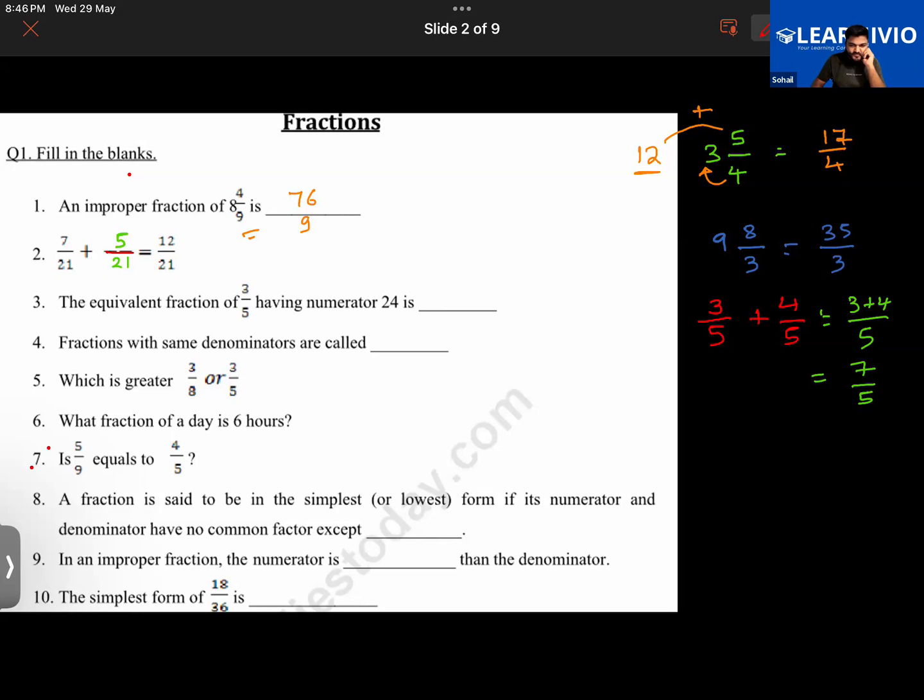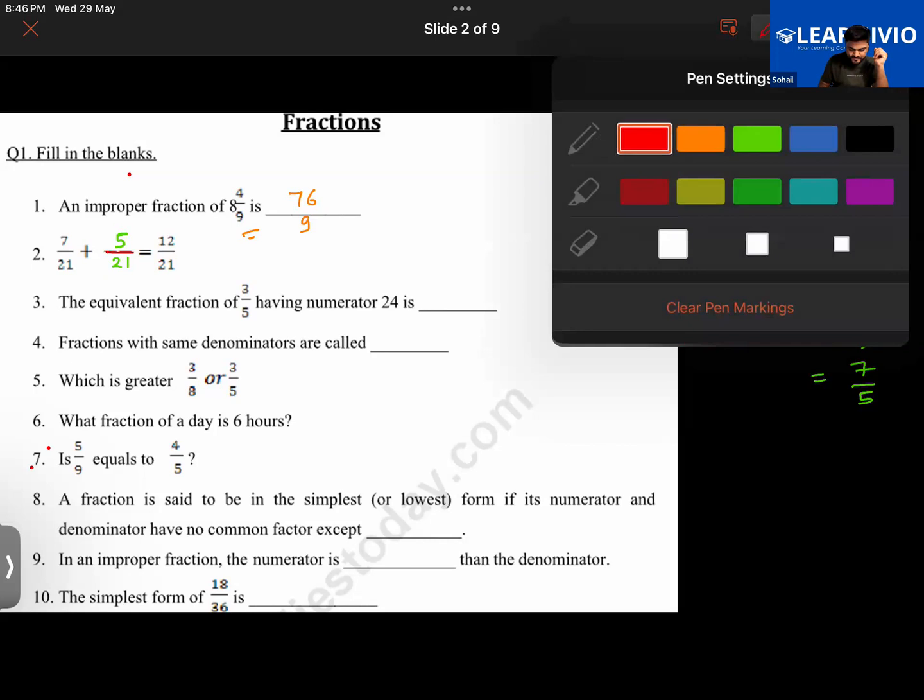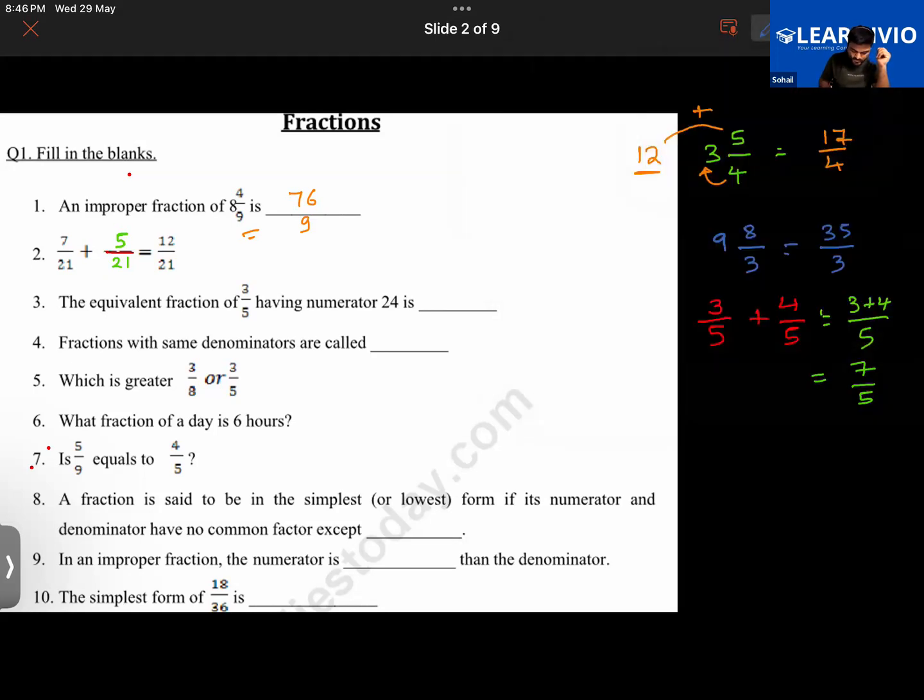It's quite simple, no? 3 upon 5, its equivalent fraction has 24 in the numerator. Think about this: by what number must 3 have been multiplied to get 24 in the numerator? 8, obviously.